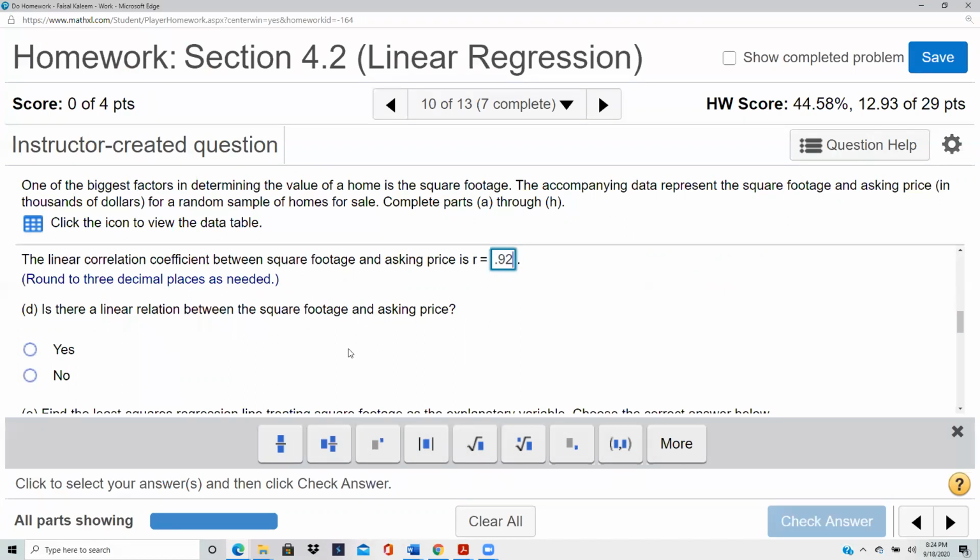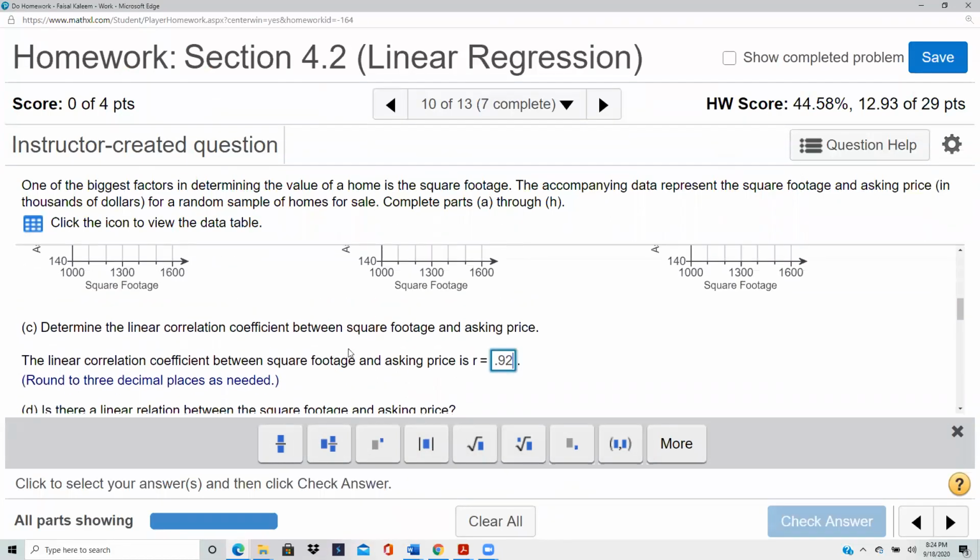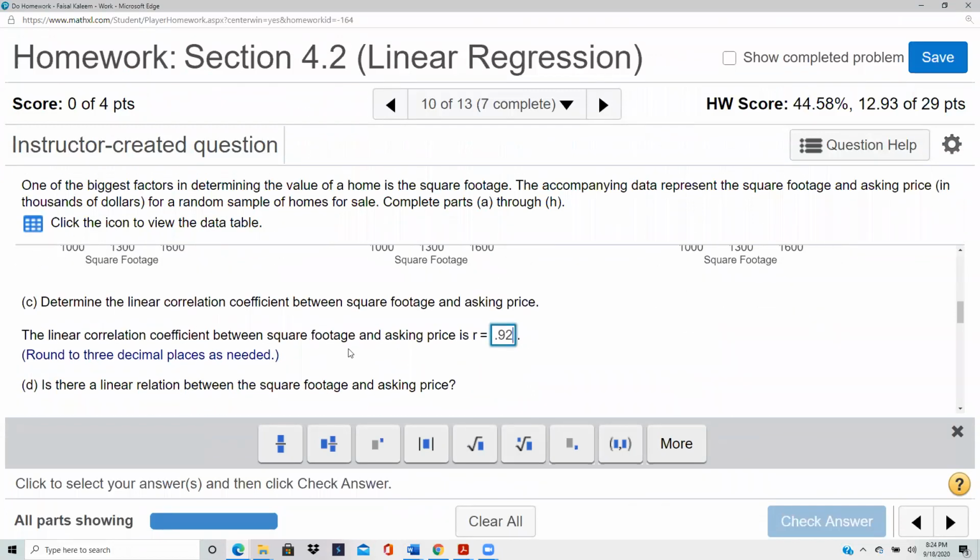Is there a linear relation between square footage and asking price? In this case, they are not giving us the critical value. Remember, normally we have the critical value table against which we compare, and if this correlation is bigger than the critical value, then we say there is correlation, otherwise no. But generally, if you're above 0.9, it's pretty high, and even in the real world, in most cases, you can safely say that yes, there is correlation.